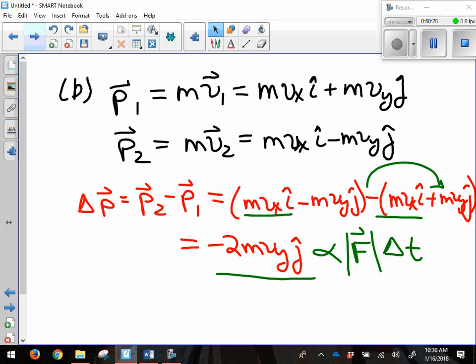And that's what airbags do now. Airbags are increasing the time that you change your momentum so that the force is less. We'll talk about this again on Friday, because this delta P is actually impulse, which is J. And we'll put it all together.